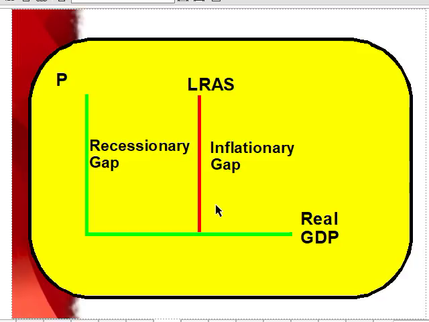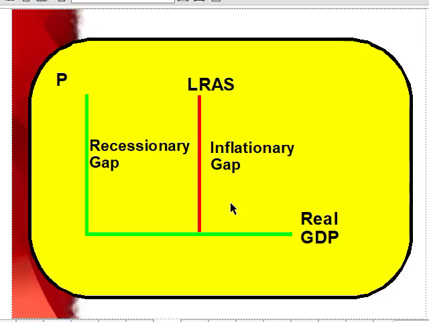If, on the other hand, we're to the right, meaning we try to produce more than we can sustain, we work people extra hours, we bring on temps, whatever, we do something to produce in a way that's not sustainable, that we can't do forever. If we try to produce more there, what's going to happen is we're going to steal workers from other companies, and every company is going to start stealing workers from every other company. How do you steal workers from another company?